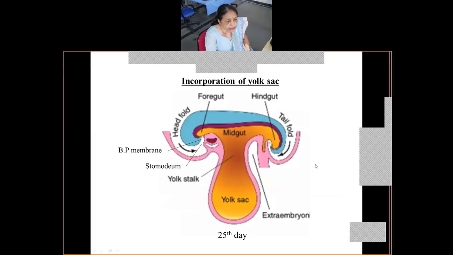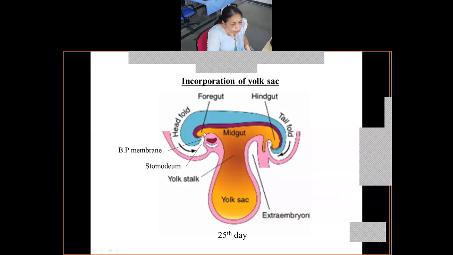Now here you can see it completely: this is the amniotic cavity, and this is the neural plate that will later form the brain and the spinal cord. And this is the stomatodium. Here it is covered by the ectoderm, and the yolk sac has entered inside with the endoderm.